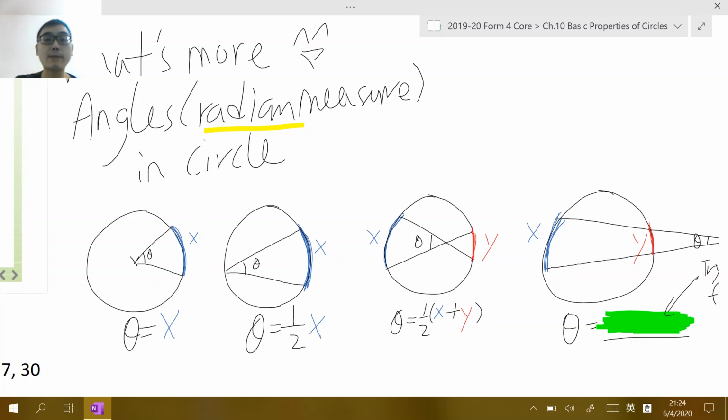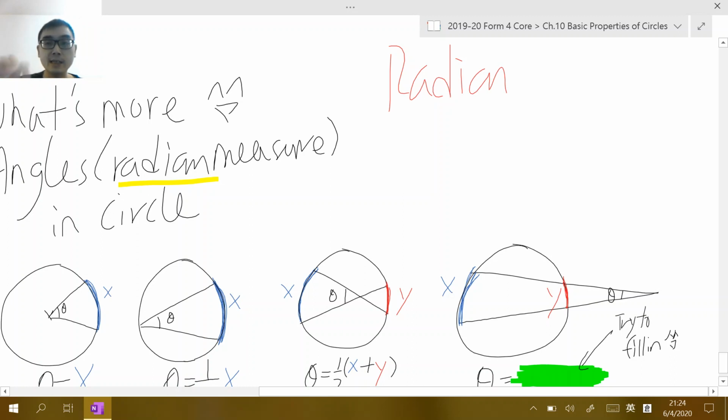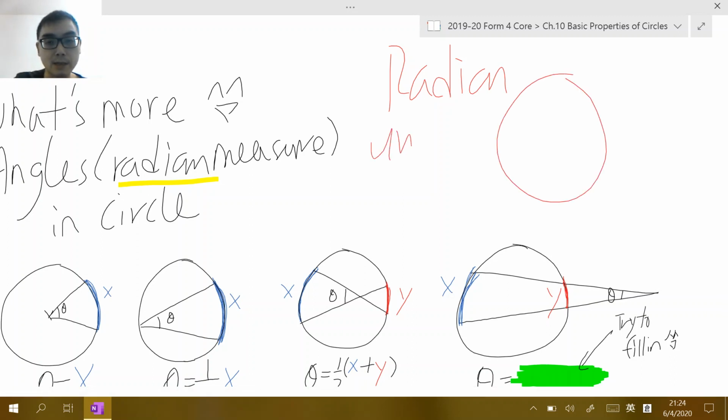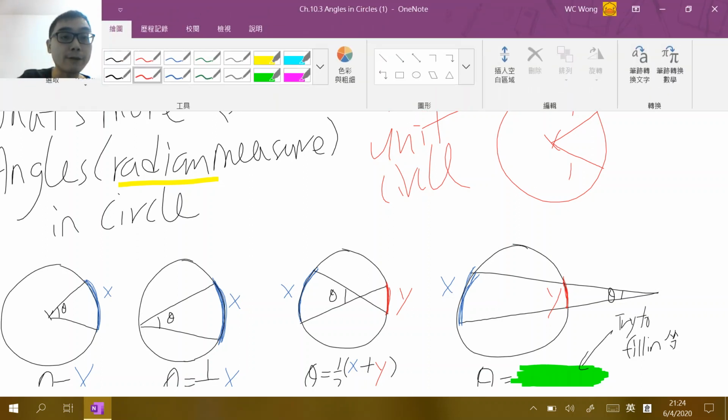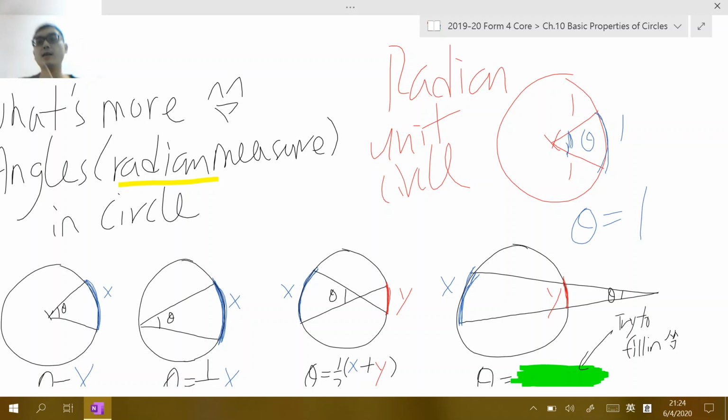When we talk about radian, R-A-D-I-A-N, it means that if you have a unit circle, that is a circle with radius 1 unit, and an arc also equal to 1 unit, then we define this angle theta to have the same size as the arc.